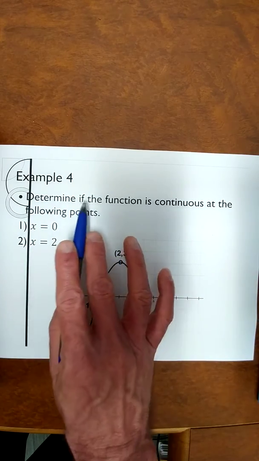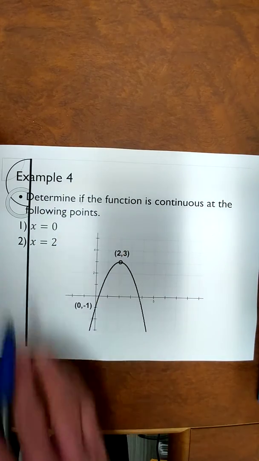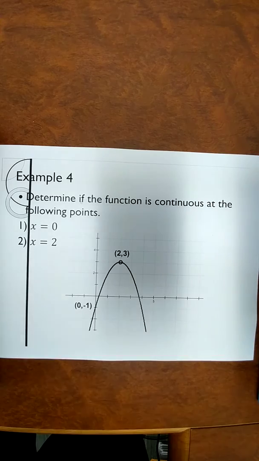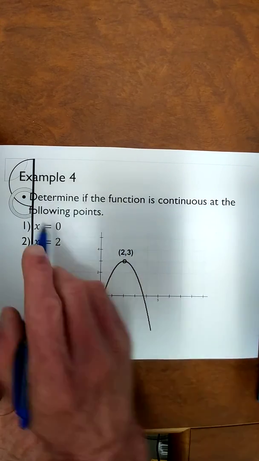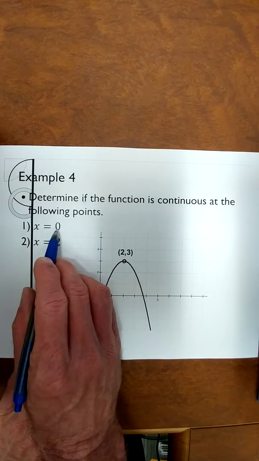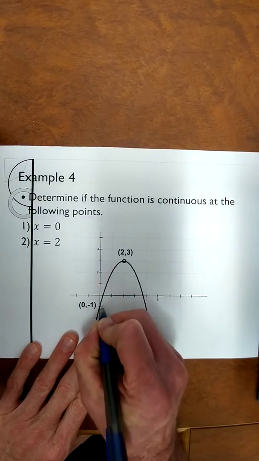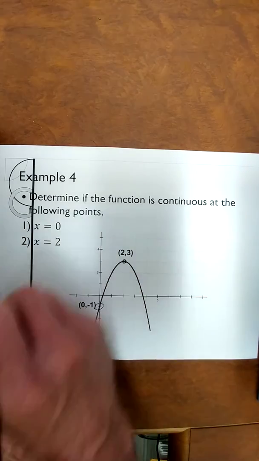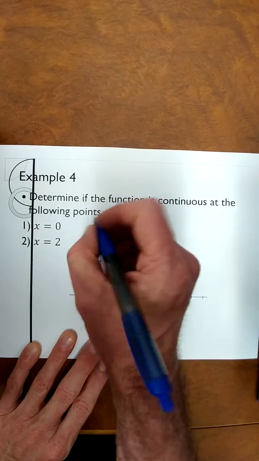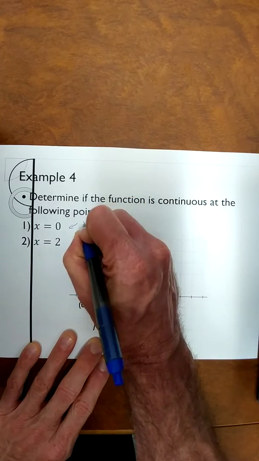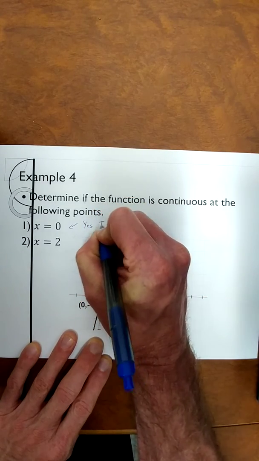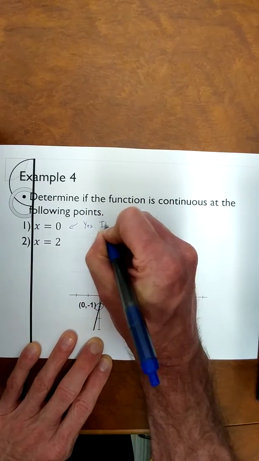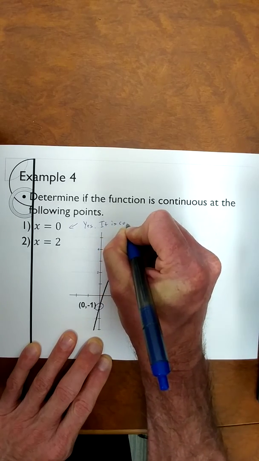Okay, so determine if the function is continuous at the following points. And here, we're looking at just 0 and 2. And if we go to 0, it appears that part of the graph is continuous. So we would say here, yes, it is continuous.